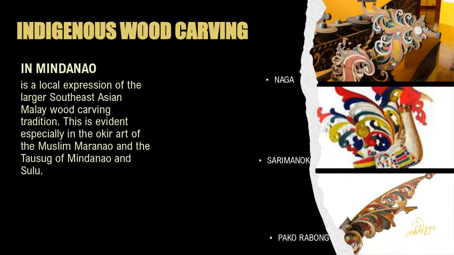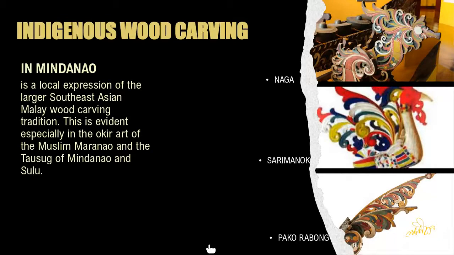So here, it's more obvious how the Malay tradition greatly influenced the Philippines, specifically in Mindanao. This is evident especially in the Okir art of the Muslim Maranao and the Tausug of Mindanao and Sulu.